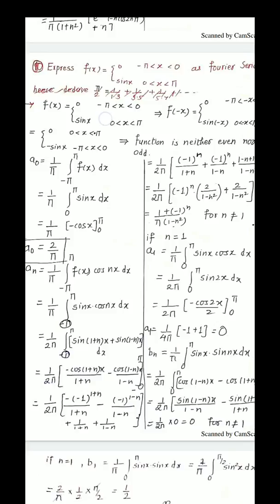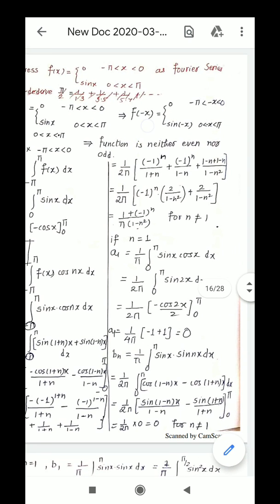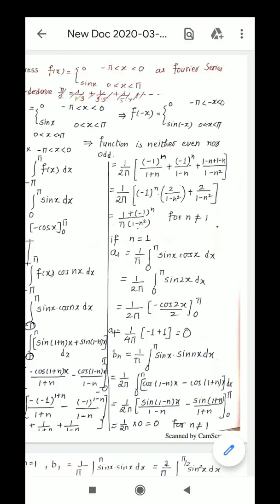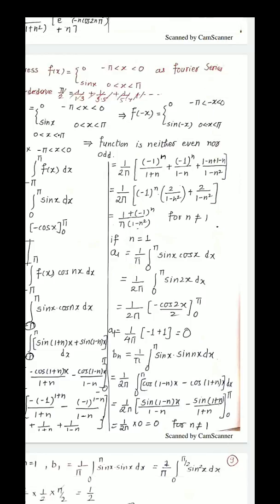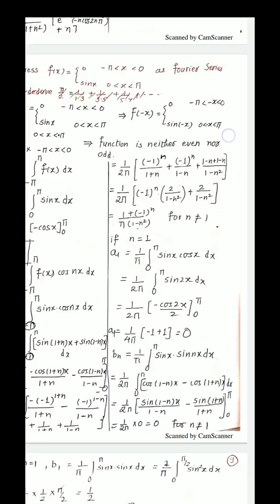So f of x is equal to this given function. Now in this function, if you put x equal to minus x, then f of minus x equals 0 for minus pi less than minus x less than 0, and sin of minus x for 0 less than minus x less than pi.